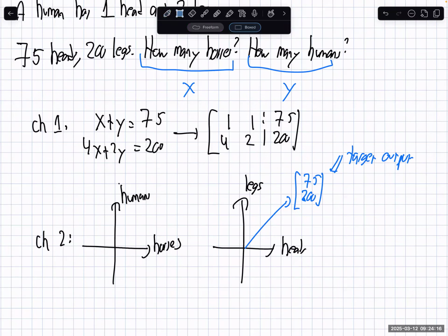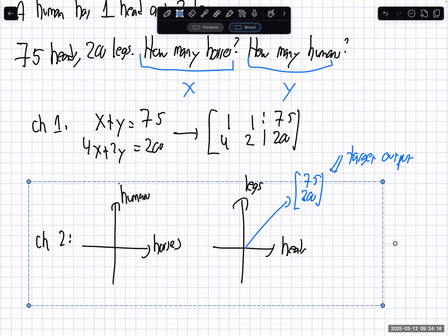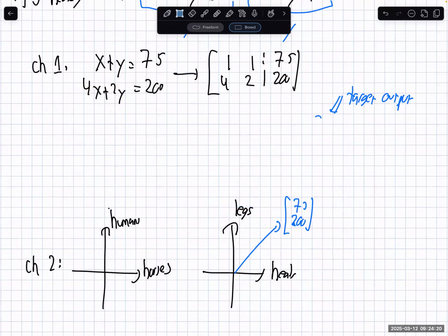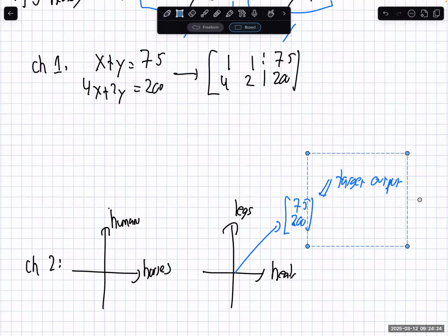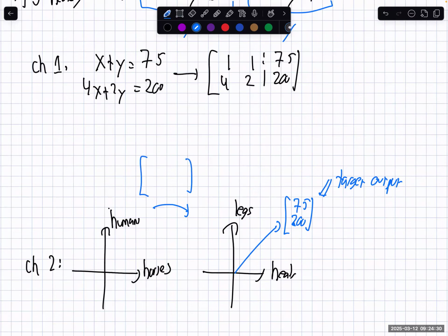We've got a matrix that transforms a horse-human vector. So if I have X horses, Y humans, the head count is 1, 1, and the leg count is 4, 2.